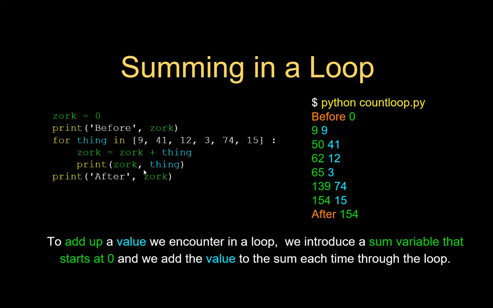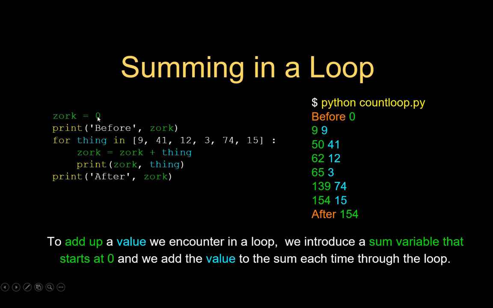Okay, so the previous example was counting how many members a set has. Here we're going to do addition. We're going to add up the members of the set and end up with the sum of all the numbers in the set.